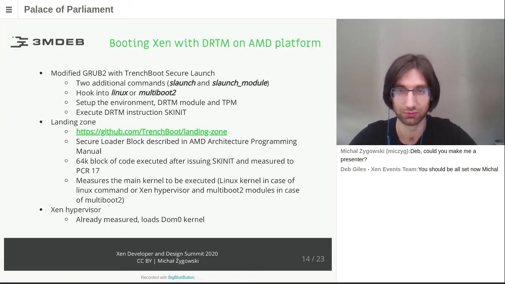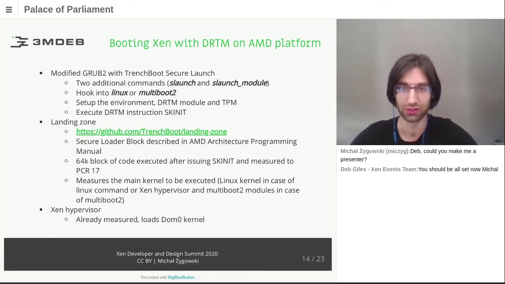So how does booting look with DRTM on the AMD platform? As I mentioned, we have the modified GRUB 2 with TrenchBoot secure launch support. And what does it mean? TrenchBoot support adds two additional commands to the GRUB command set: slaunch and slaunch_module.